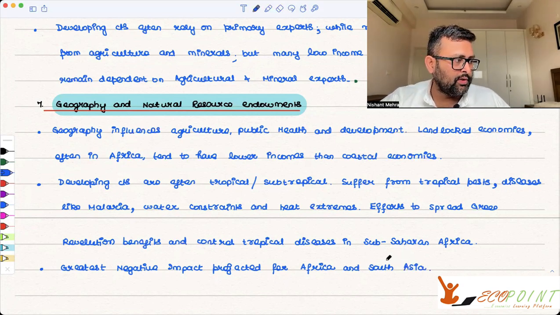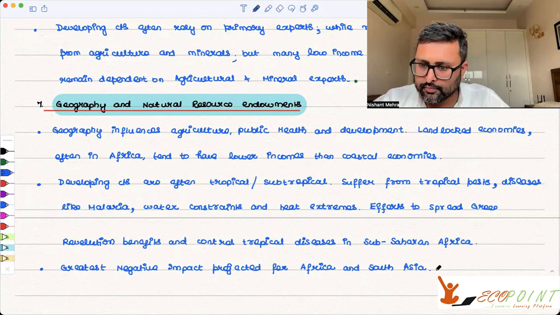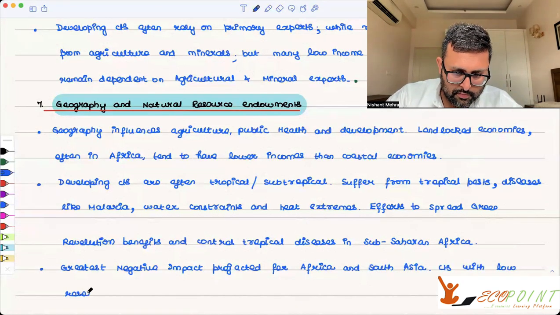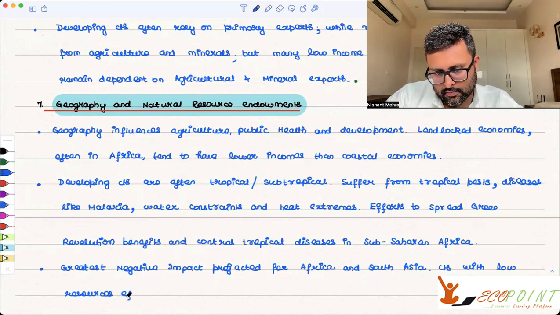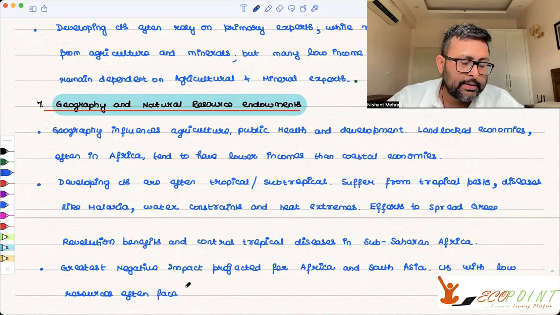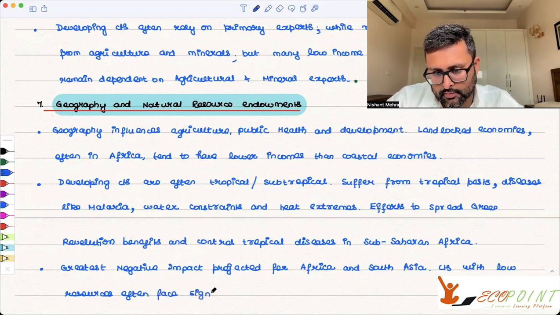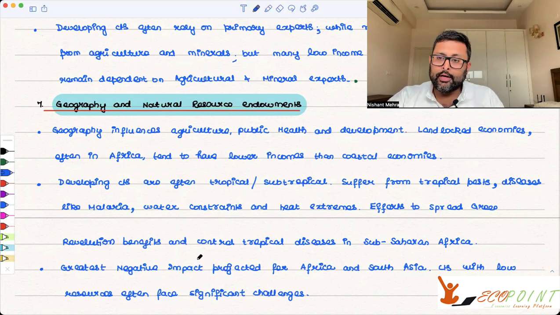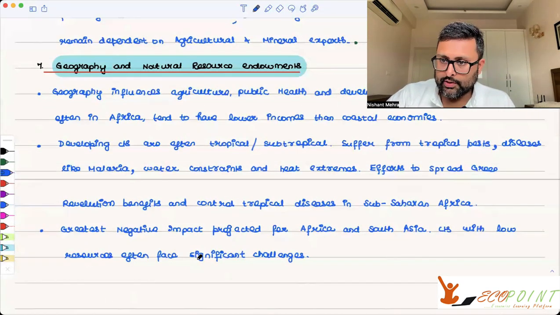Countries with low resources often face significant challenges.